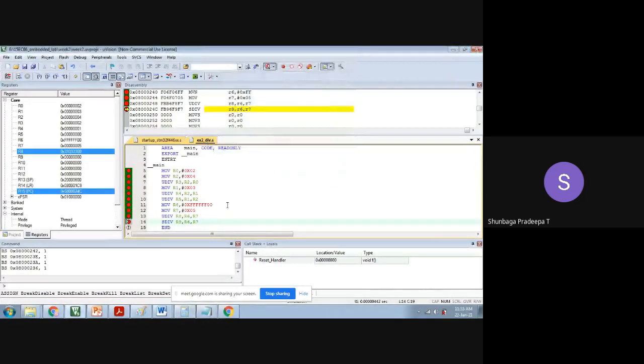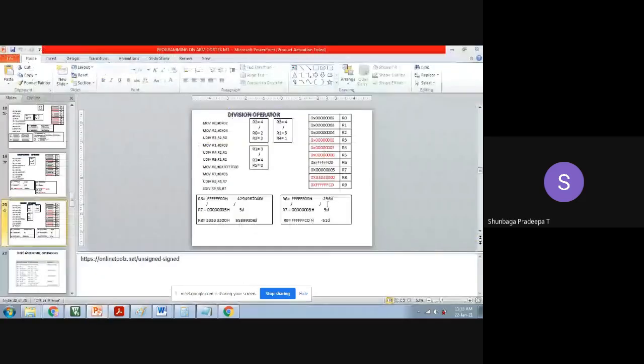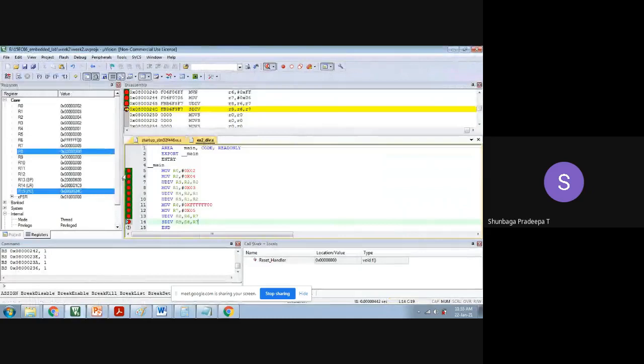If it is a signed number, it is considered as minus 256. So if you perform 256 by 5, it will be 51, and since it is a negative number, minus 51 will be loaded, and the equivalent 2's complement number will be loaded in the quotient, that is the R9 register.